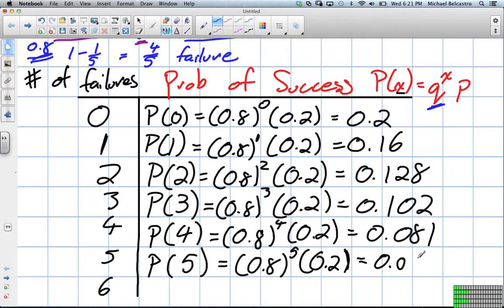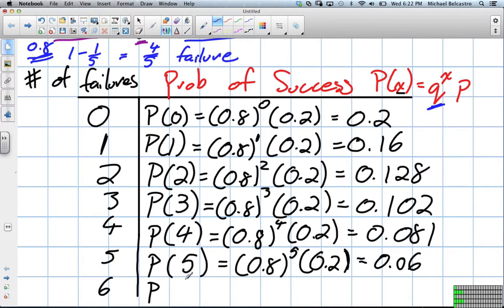That's 0.06. And then finally, what's the probability of no successes? In order to have no successes, all of them are going to fail, which means 6 failures.